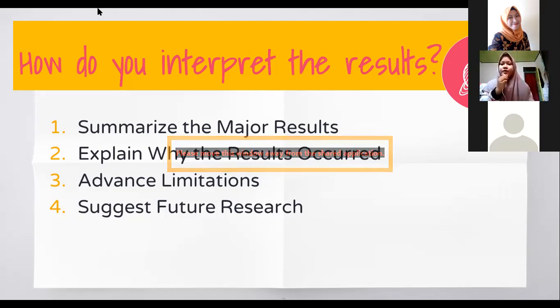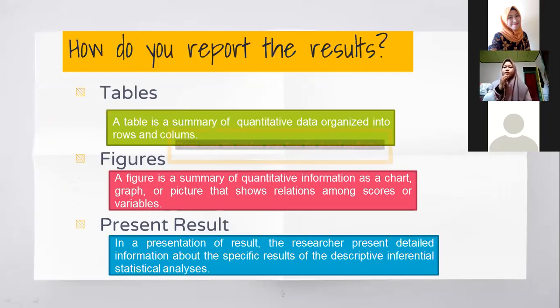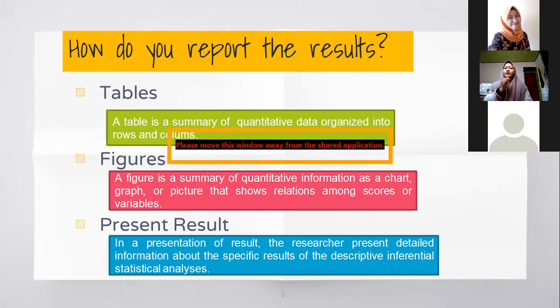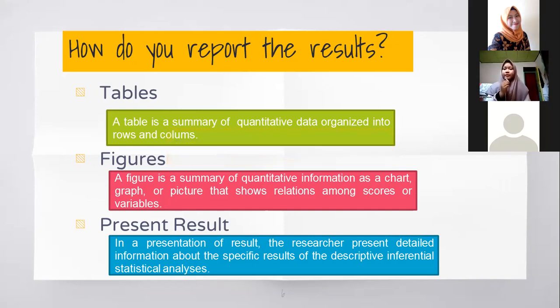How do you report a result? There are three parts to report a result. A results section includes, first, tables. A table is a summary of quantitative data organized into rows and columns, tables that summarize statistical information. There are some guidelines for creating tables.